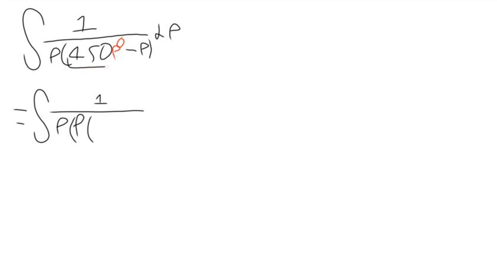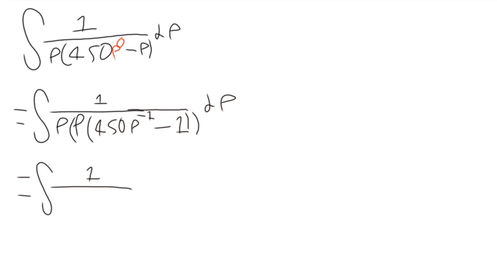So when I factor a p out of this, I'm going to be left with 450 times p to the negative first power. And then when I factor a p out of this, I'm just going to get negative 1. Now, p times p squared. So I have 1 over p squared times 450 p to the negative 1 minus 1 dp.